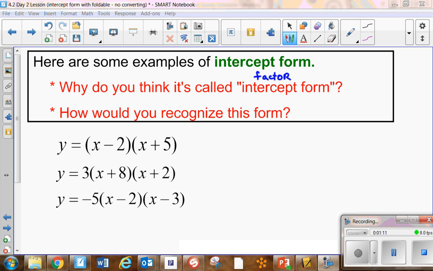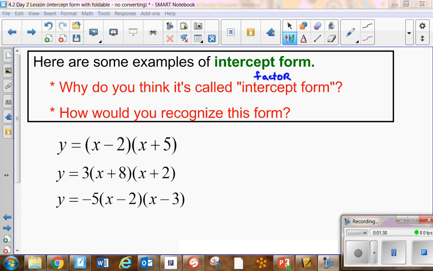And what do we do with factors when we're looking for things? When we're looking for our x-intercepts, we factor, set them equal to 0, and that's where we get our intercepts. So all of those factors can be turned into x-intercepts just by glancing, which is why some books call this the factor form. As a matter of fact, I also teach analysis, and that publisher calls this the factor form.